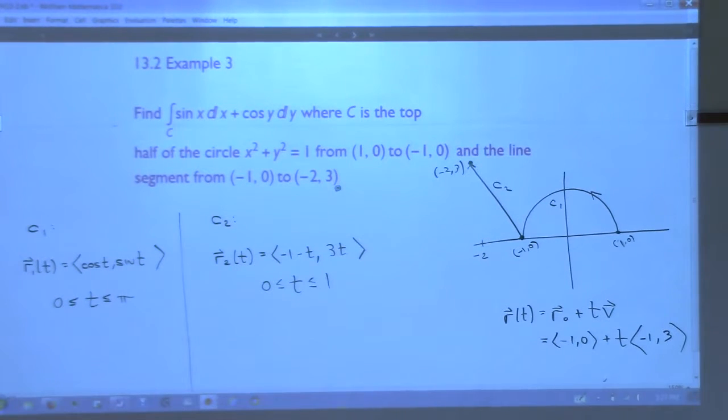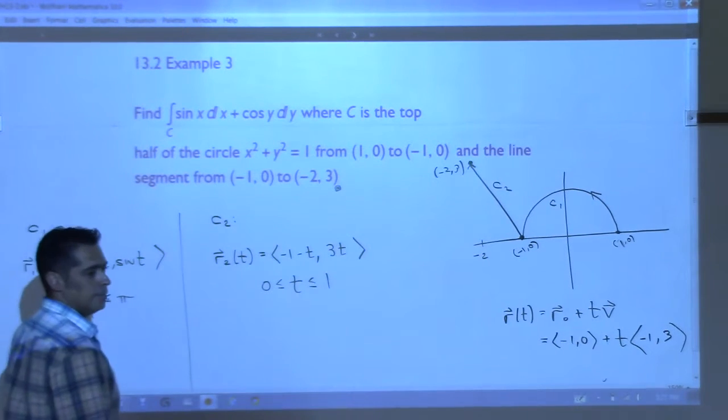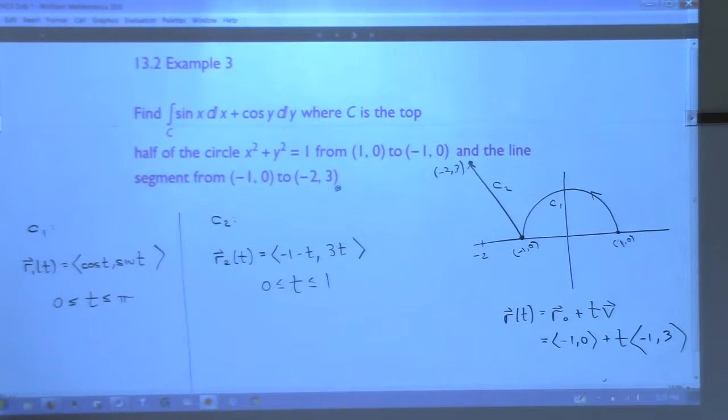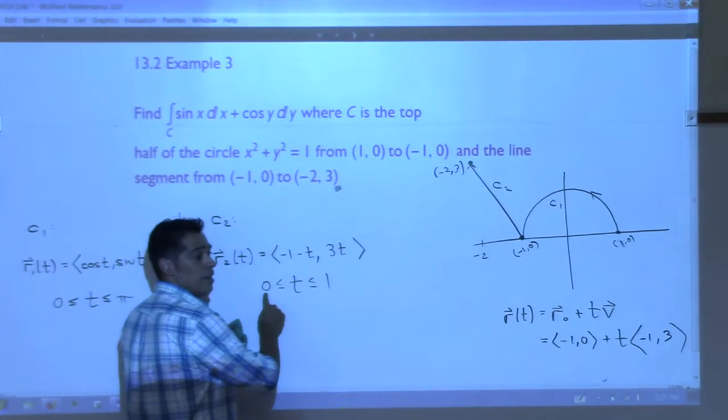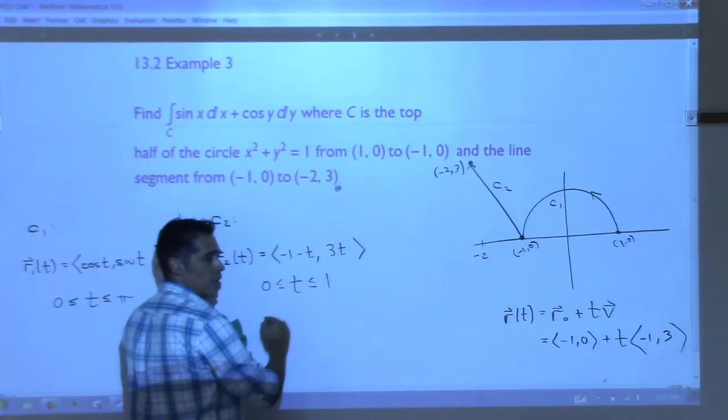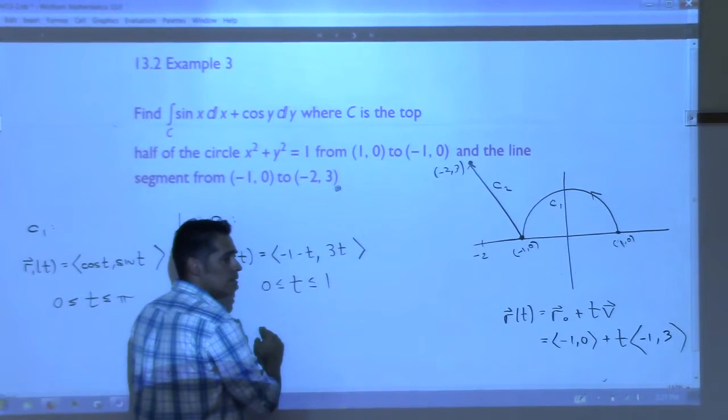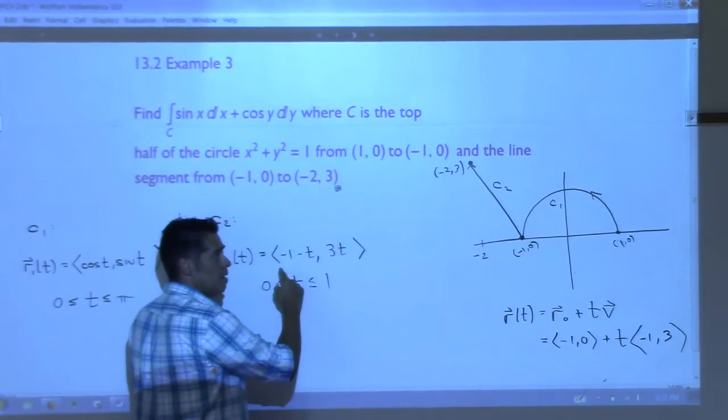Even just looking at it, you would think it's from that point to that point, not the domain. Wait, why is it from 0 to 1 always? Because it works. Look, plug in 0. Where are you going to be? Negative 1, 0, right?